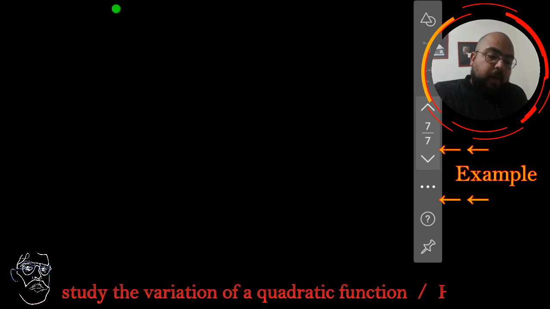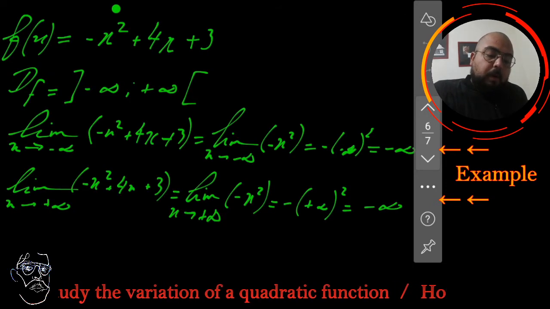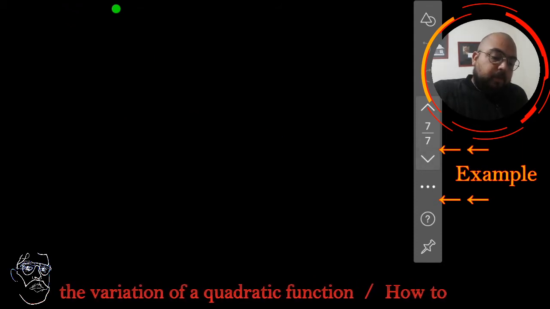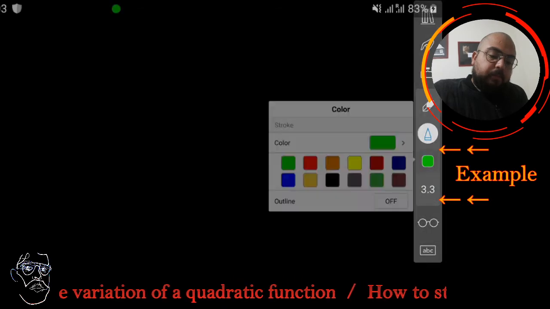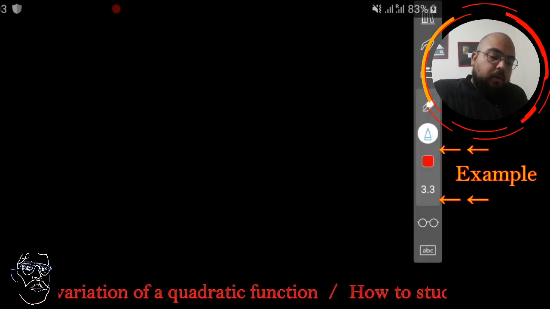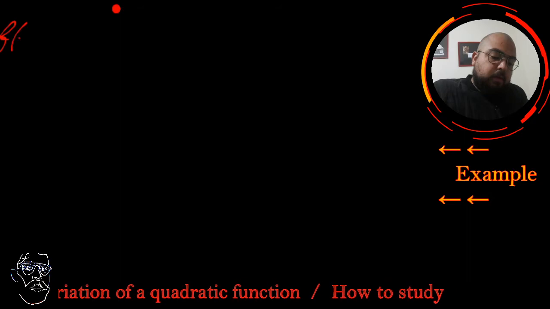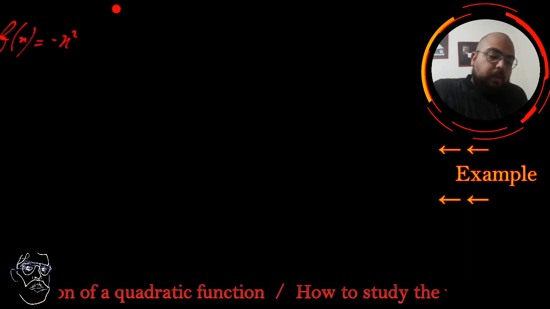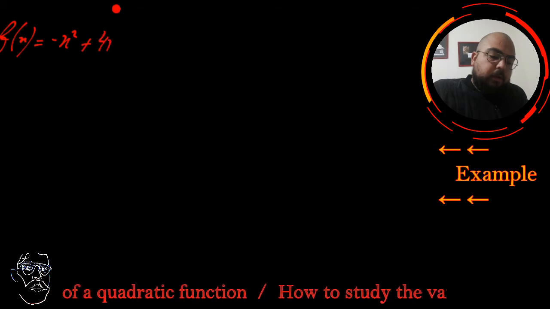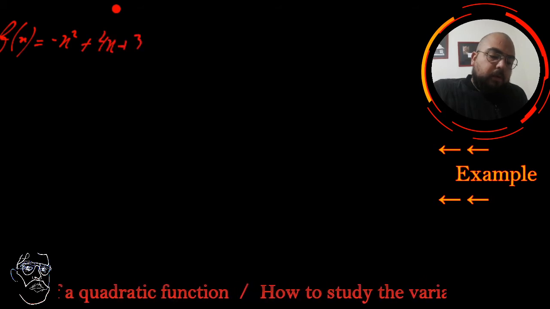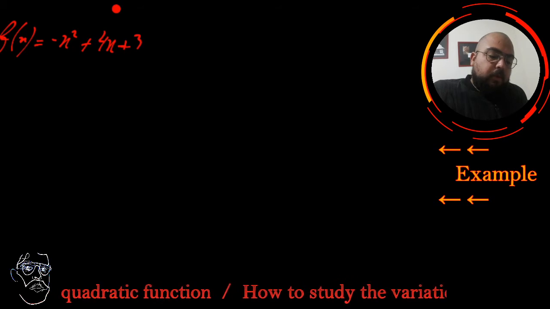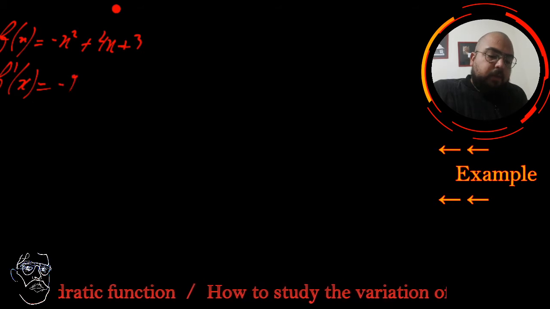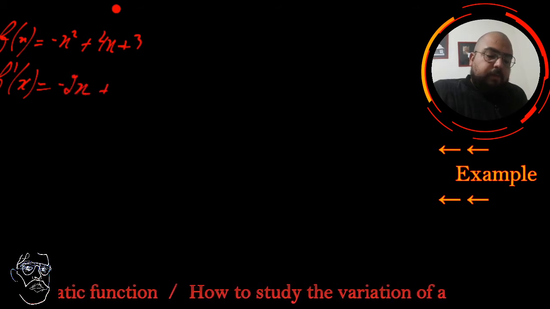So we had our function f of x, minus x squared plus 4x plus 3, so the derivative will be f prime of x, which is equal to minus 2x plus 4.